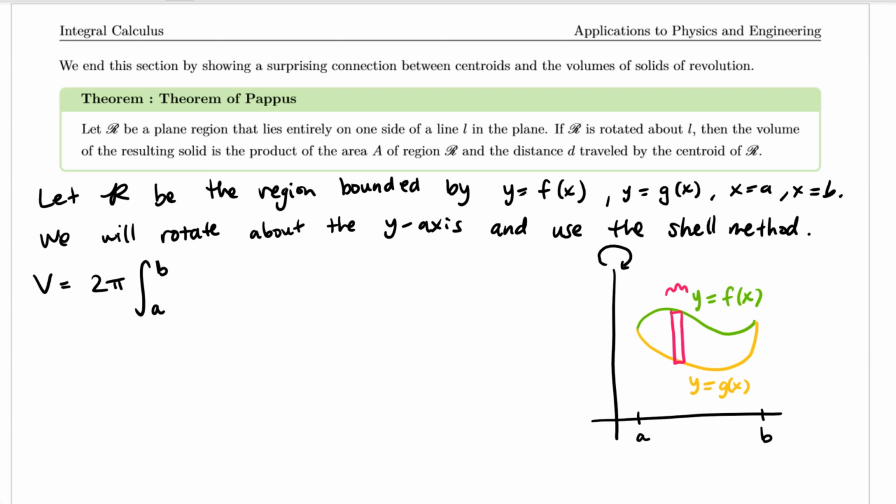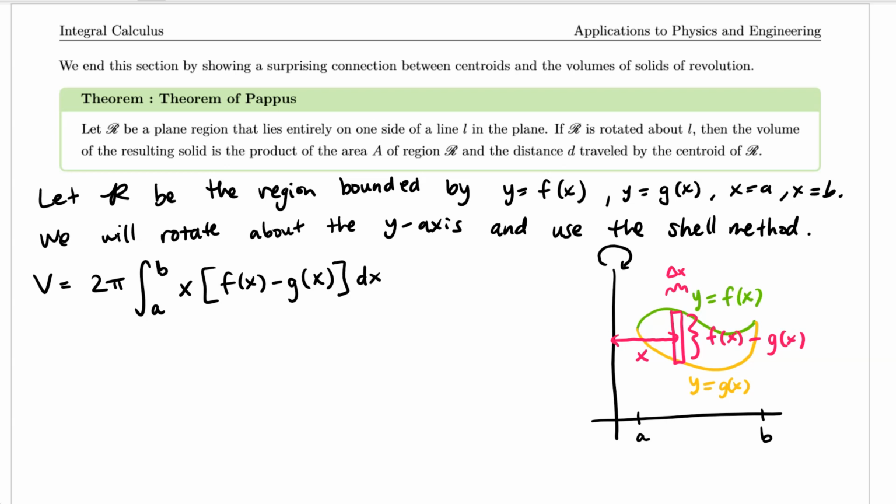The width of that shell is delta x. I know that the radius of this shell is the distance from the axis of rotation to the shell. So that's our radius, and that is x. And then the height of our shell is f of x minus g of x. So we have x times f of x minus g of x, and then we have dx.